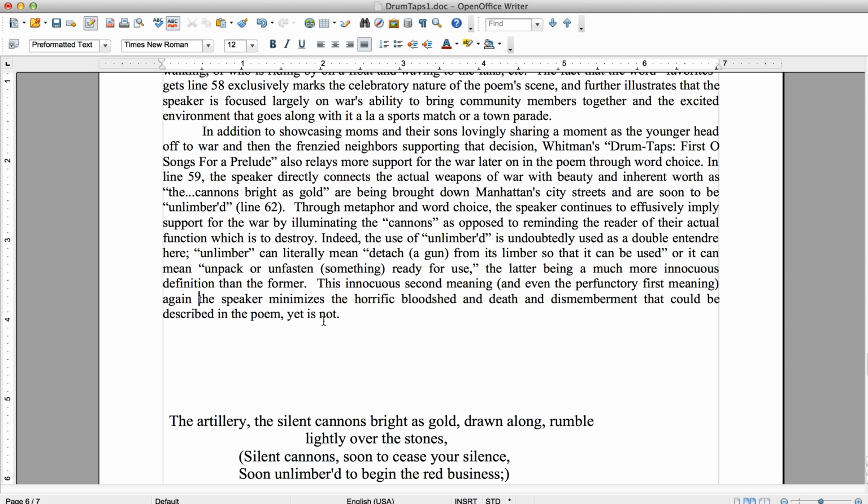Again, conveys the speaker's minimization, minimalization.